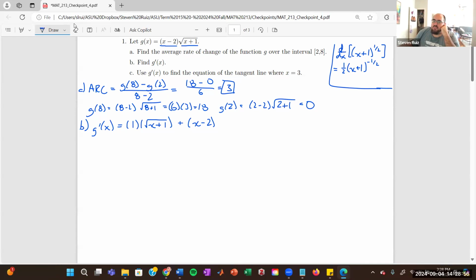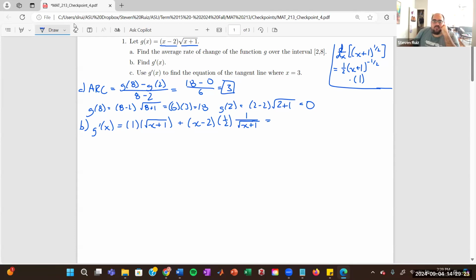The chain rule says we have to multiply this times the derivative of the inside function. So what's the derivative of x plus 1? That is 1. So all told, what do we have here? We're going to have 1/2 times 1 over square root of x plus 1.